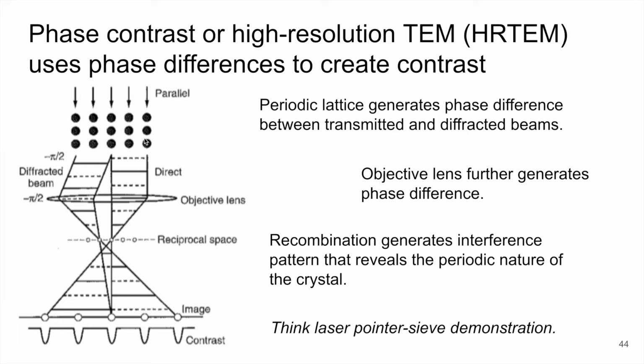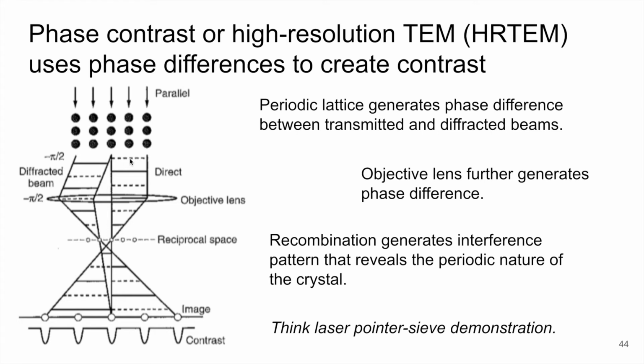We have a crystalline material, and we saw that we had transmitted and diffracted beams, particularly when we saw diffraction contrast. So it's very similar, right, where we have effectively this beam that's diffracted at that scattering angle that we calculated, and then this is the beam that goes straight through.